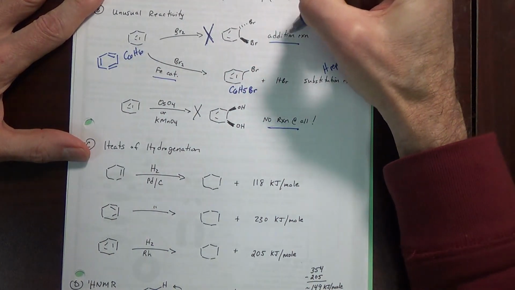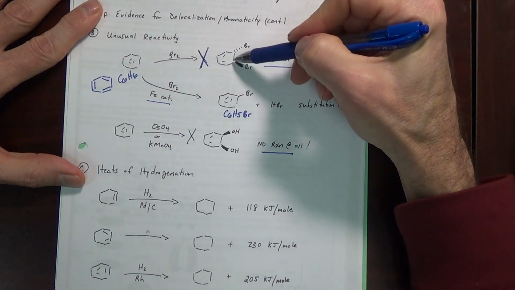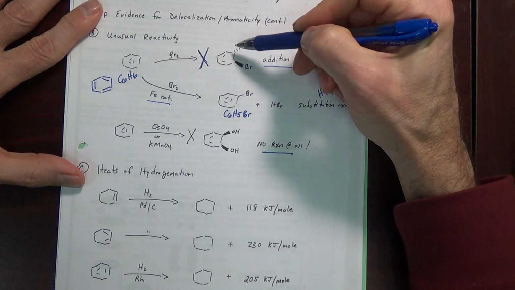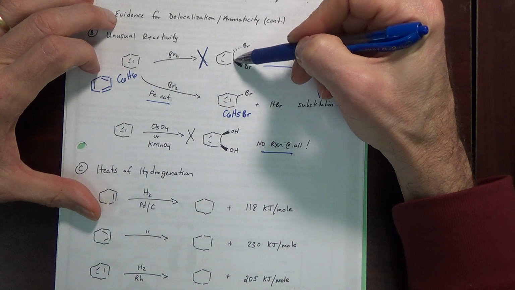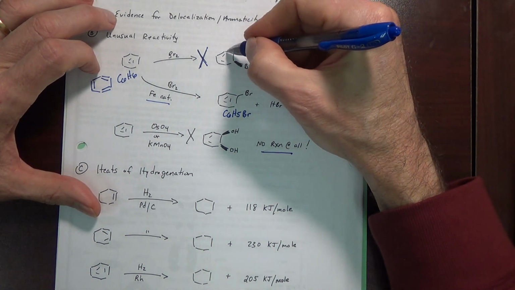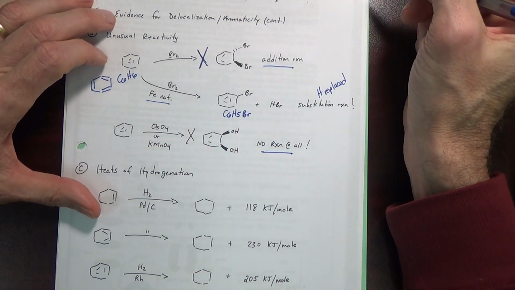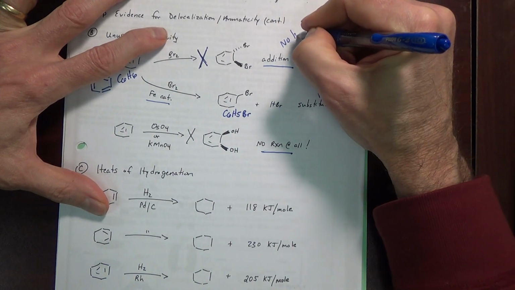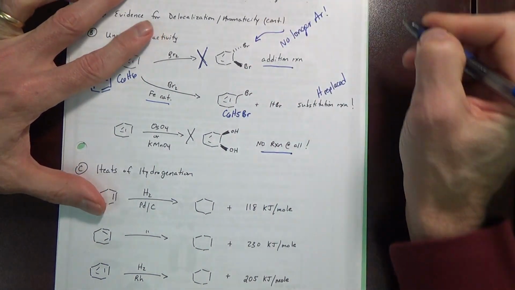If we do an addition reaction, these two carbons are now sp3, okay? There are H's here. Those two H's are still here. And since they're sp3, we no longer have a fully cyclic conjugated system of p orbitals. So it's no longer aromatic.